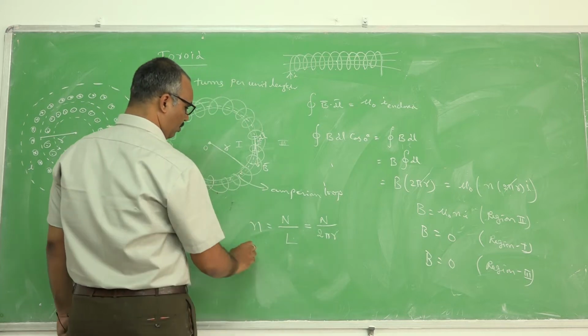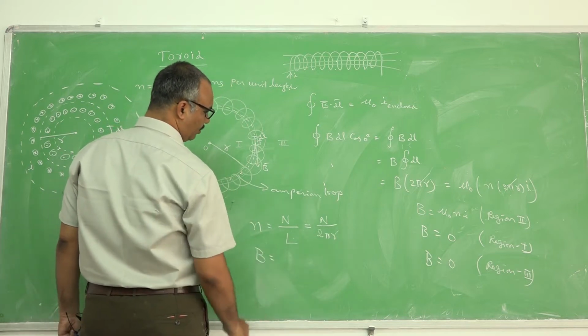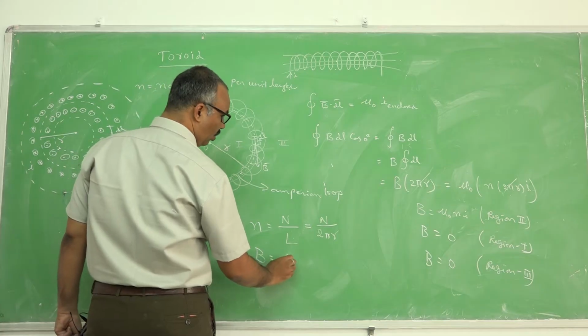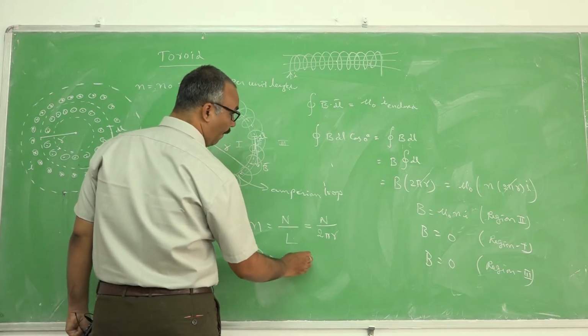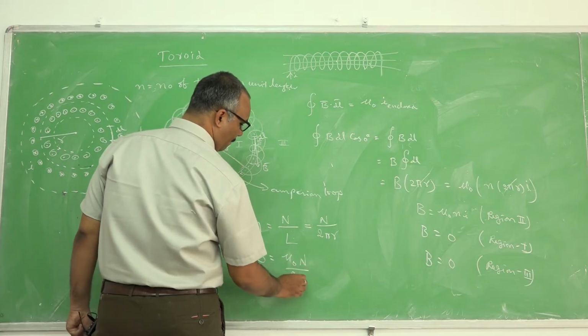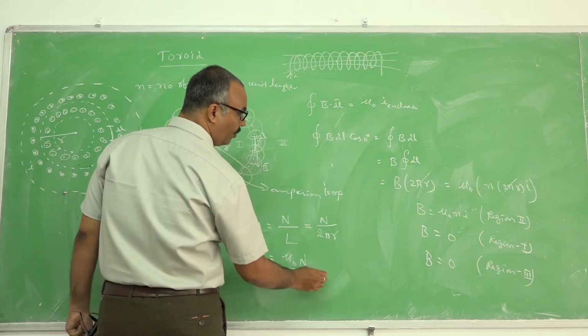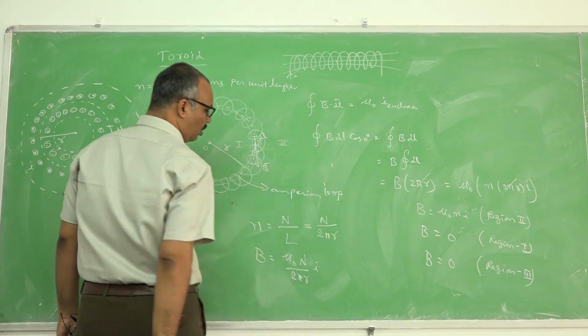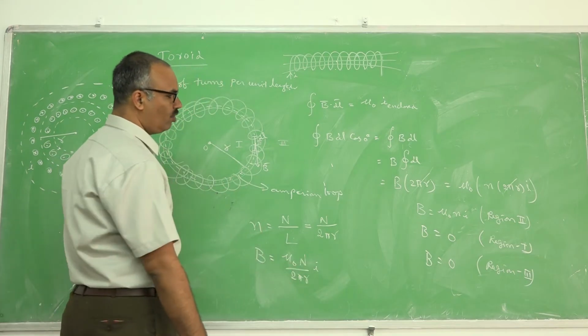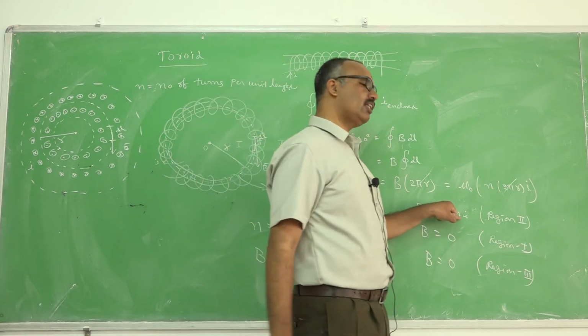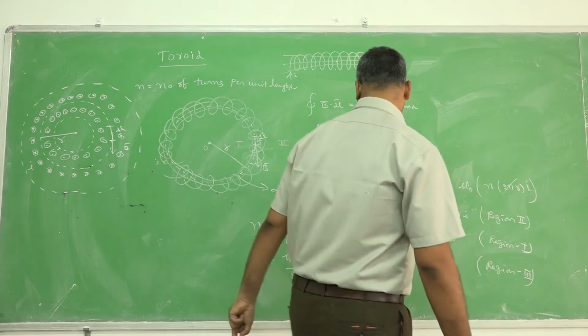So B can be written as mu naught, in the place of N I should write capital N by 2 pi r, into I. If you represent the total number of turns, then it depends on radius. If you represent the number of turns per unit length, then it doesn't depend on radius.